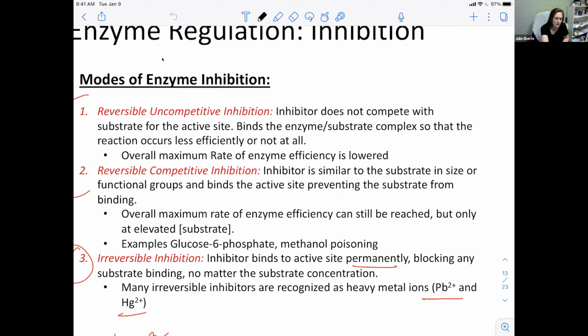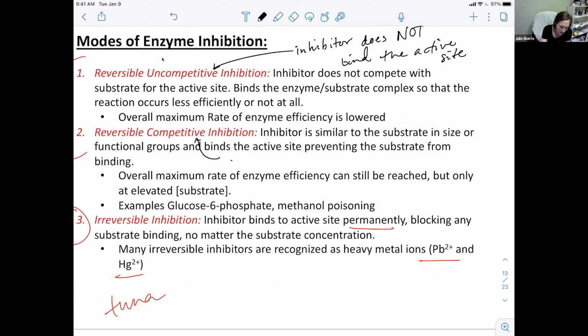Okay, so let's walk through this. So here's the key thing about uncompetitive inhibition. The inhibitor does not bind the active site. In competitive inhibition, the inhibitor does.